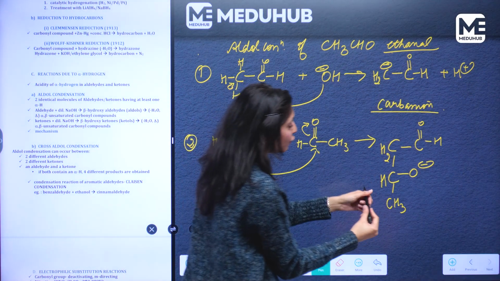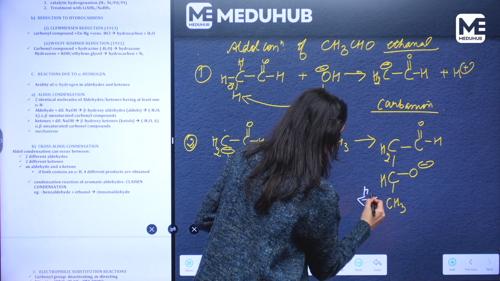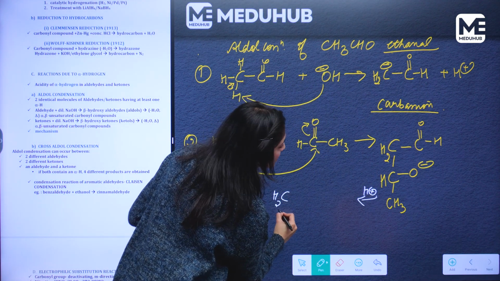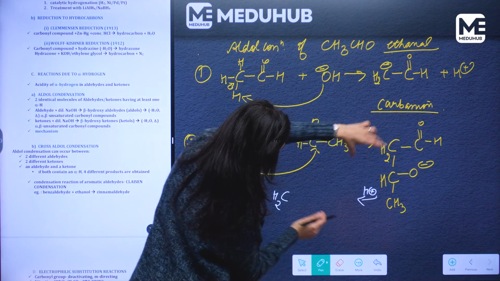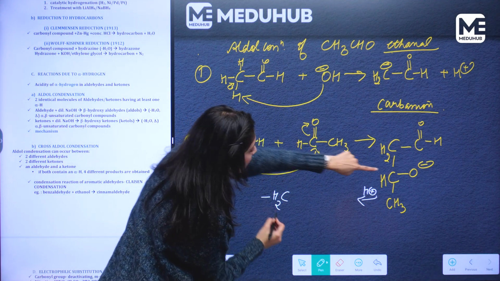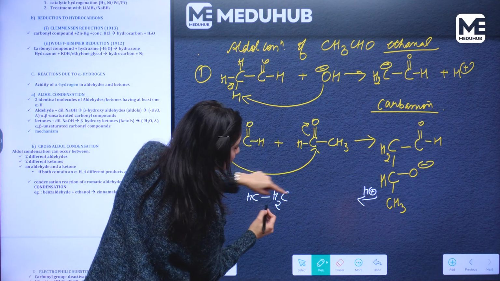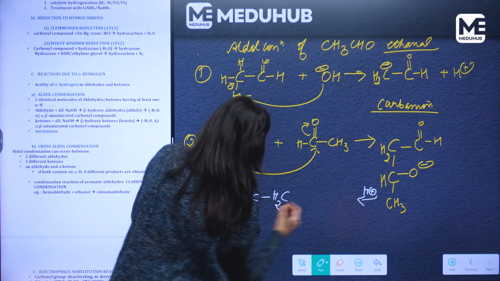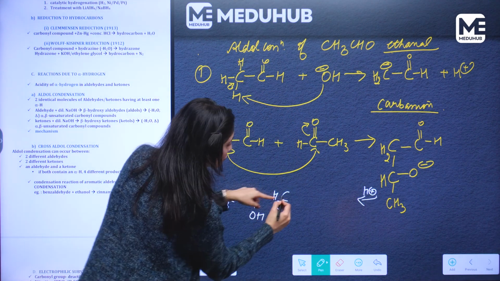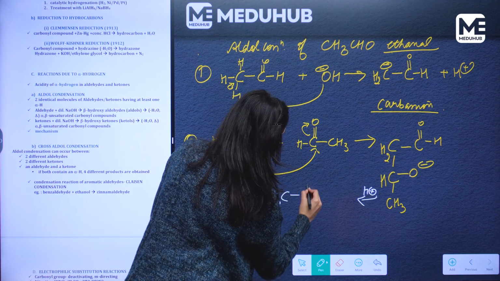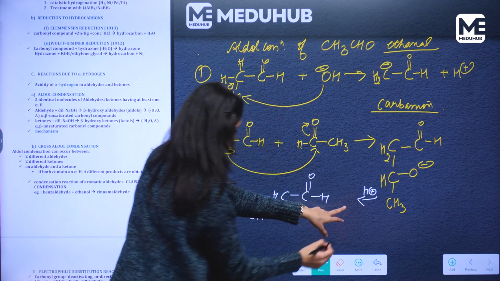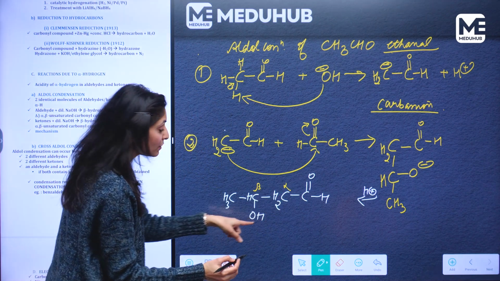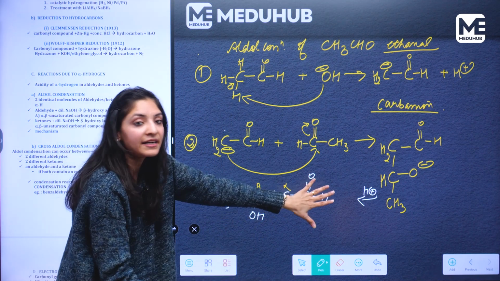This intermediate formed in the presence of acid will give us this CH2 group here attached to a CH. This is attached to a CH3. This CH has O minus, so in presence of proton it will give OH and this is attached to a carbonyl group here. So you see this is alpha carbon, this is beta carbon. So this will be the beta hydroxyaldehyde now.